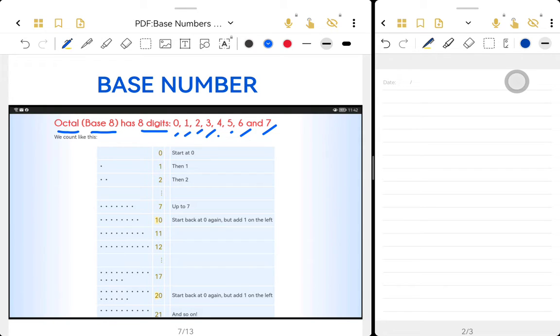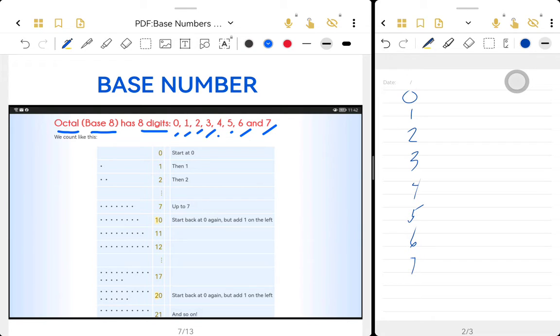After counting 7, you are going to go back to 0, but of course, it must have 1 on the left. So let's say, for example, to visualize what I am talking about, if we are going to count from 0, 1, 2, 3, 4, 5, 6, 7.